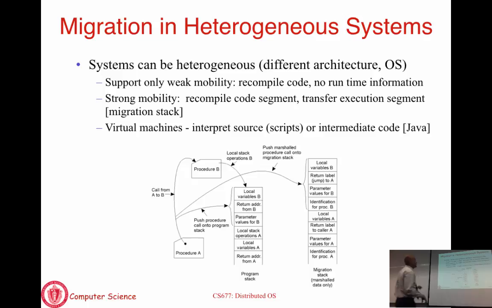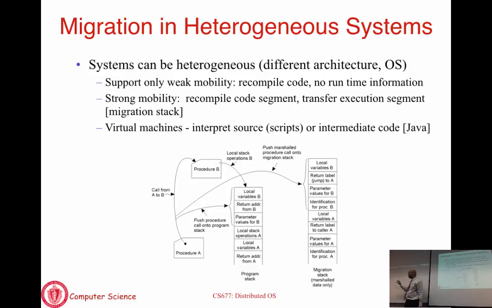There's a complicated picture here which you can ignore, but essentially, the binary code is not going to work as is on a different architecture. You have to have access to the source code and recompile it, so that you construct a new binary that works on the target.